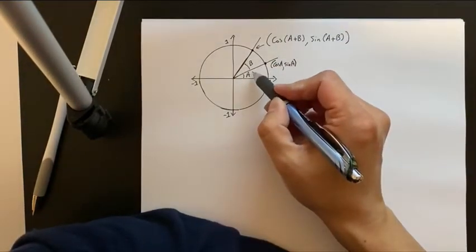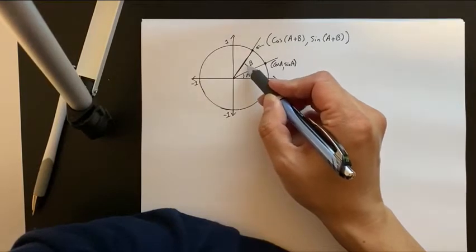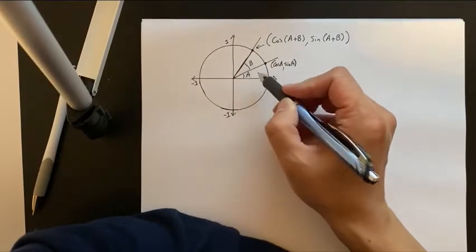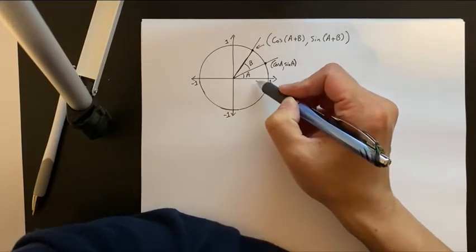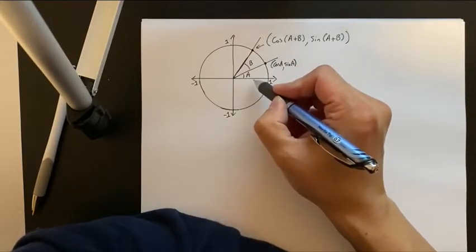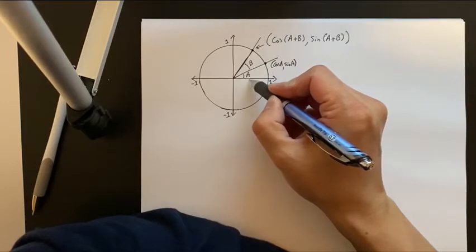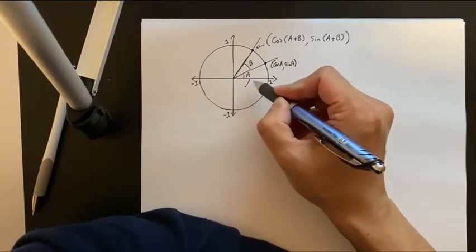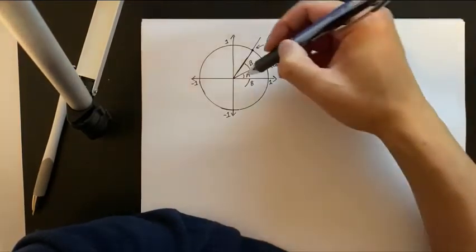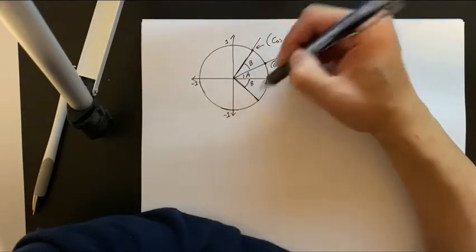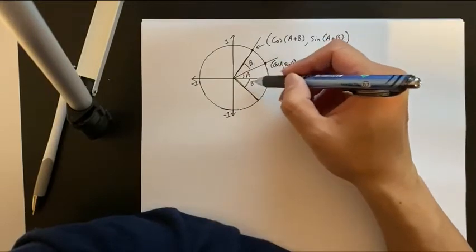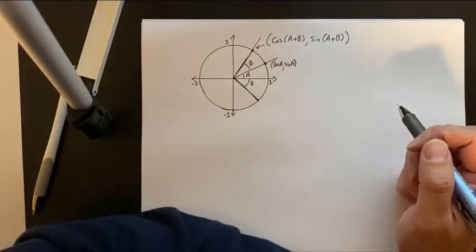All right. So instead of adding B counterclockwise, what if I instead went B in the other direction, clockwise? So if I go down here for B, a distance of B, it's really the same angle even though they don't look like it.